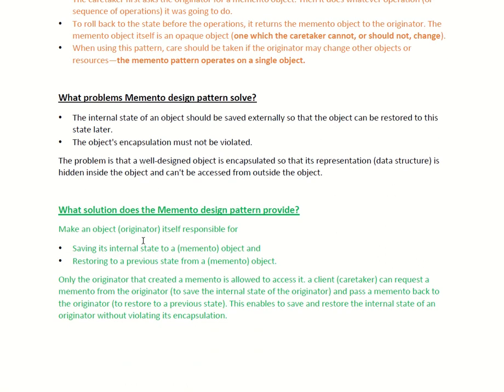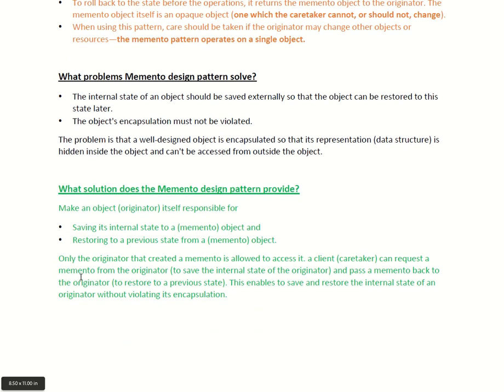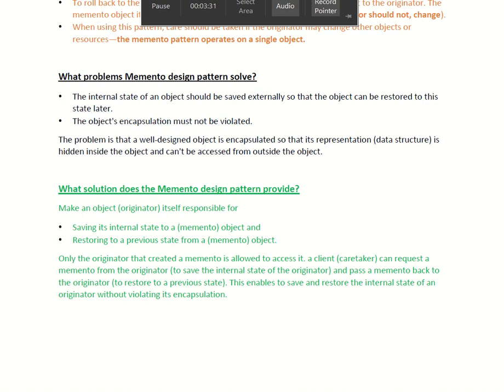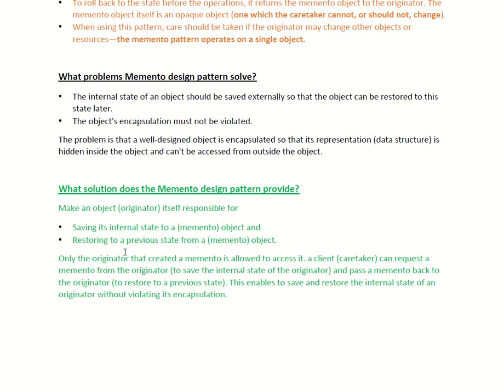So what solution does the memento design pattern provide? Make the originator itself responsible for saving its internal state to a memento object, and restoring to a previous state from a memento object. Two steps: first, make the originator itself responsible for saving its internal state to a memento object, and restoring to a previous state from a memento object.